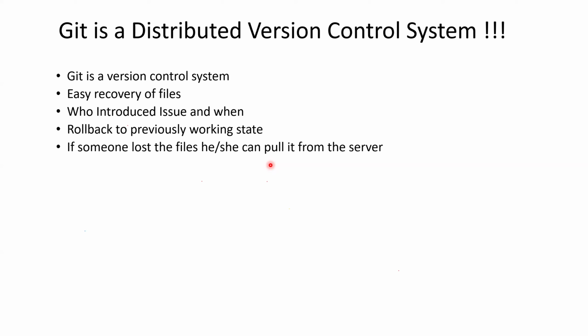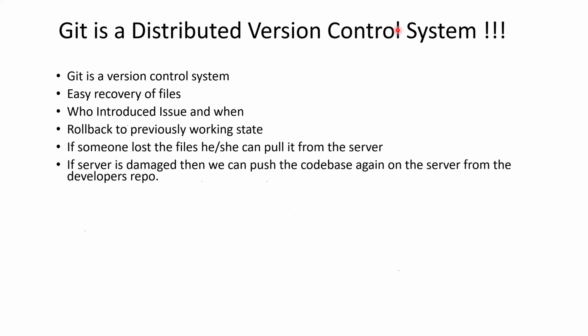You always have a copy of the file there. Then, if the server is damaged, we can push the code base again to the server from the developer's repo. Every developer has the repo. If the server is damaged, there are multiple copies of the server, but if all of them are damaged or you only have a single copy, then from the developer's repo you can push it and you are not going to lose the complete project or the data.